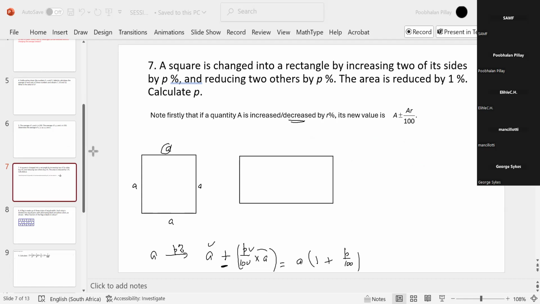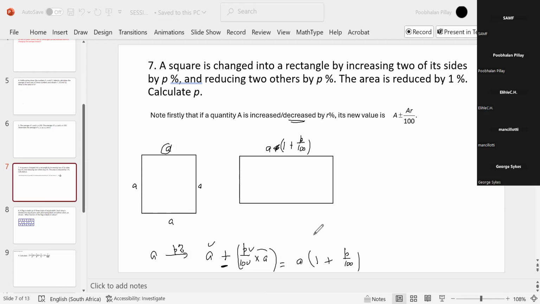And now the dimensions of this rectangle are, from what we have just said, one side has been increased from A. We can make this A times 1 plus P over 100, which is A plus AP over 100.